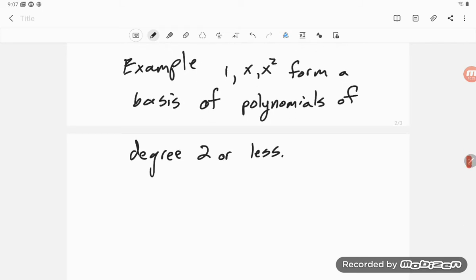Okay, and again, this is actually the standard basis for second order polynomials, or P2, I guess I could call it. This is the standard basis.